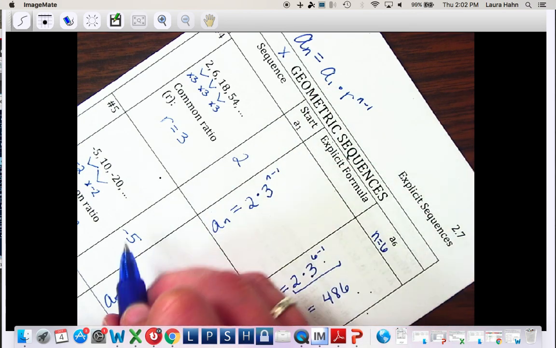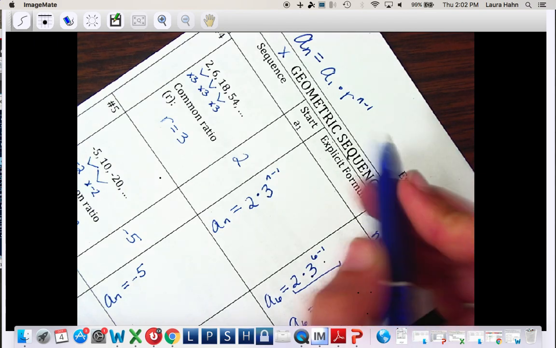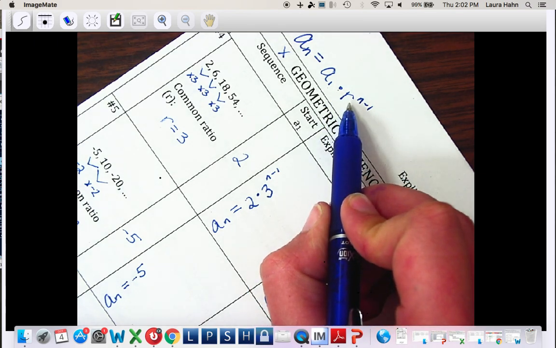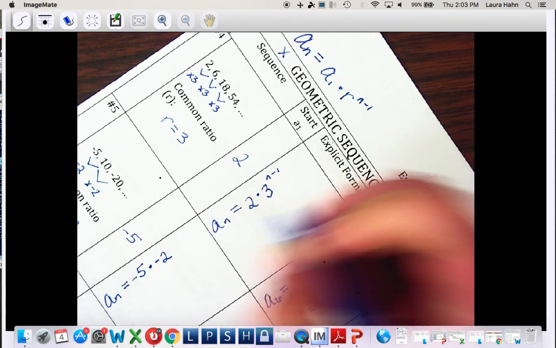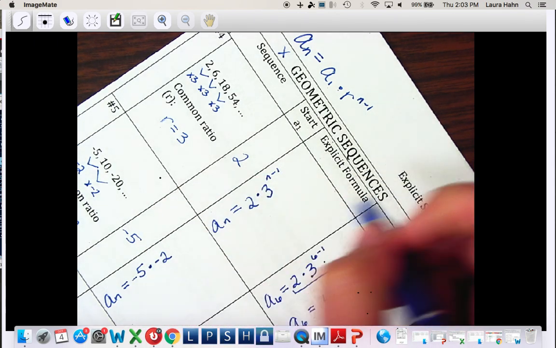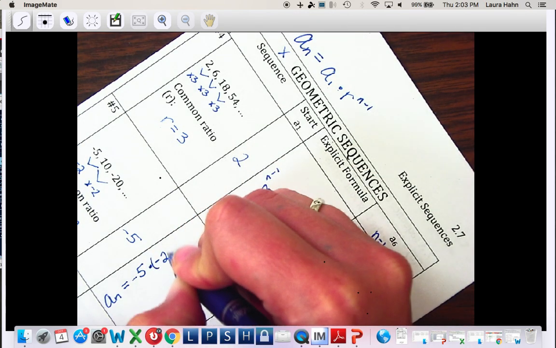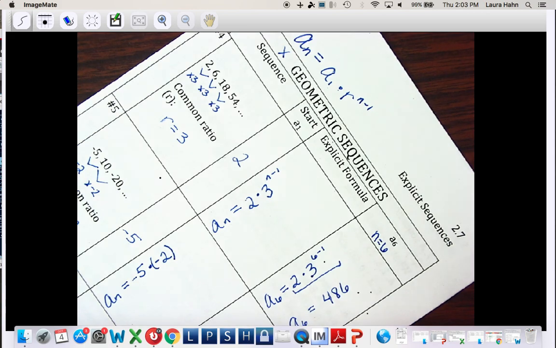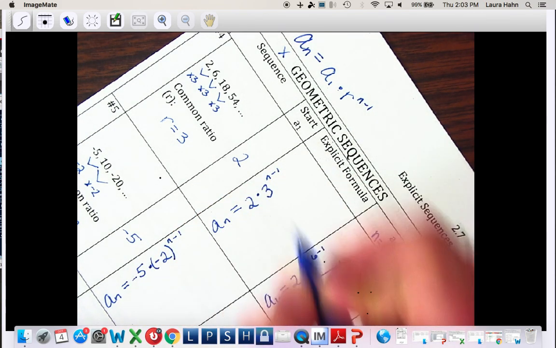Our first term was -5, so I'm going to write that, -5, times R, well, we know our R was a -2, so I'm going to put times -2. Okay, and since it's a negative, anytime you have a negative and you're raising it to an exponent, you always want to put that negative number in parentheses. And we're going to raise that to the n minus 1 power.